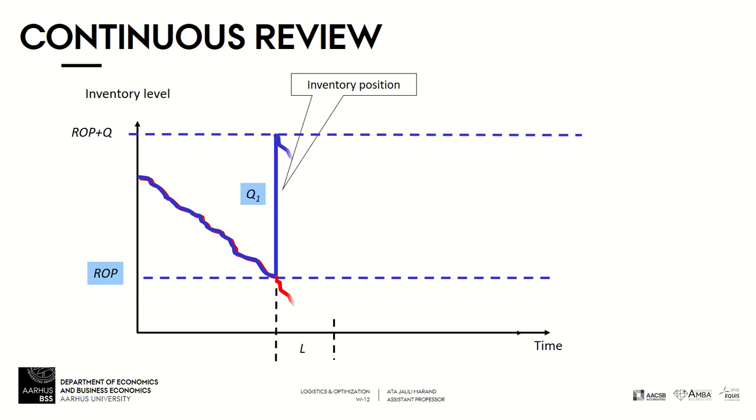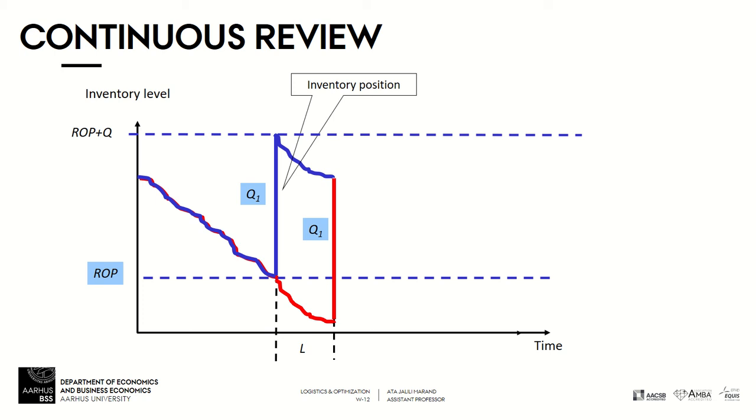Now time goes by, the inventory level decreases, and because inventory level decreases, of course inventory position decreases as well, because we said that the inventory position is the summation of the orders on the way to our warehouse plus the inventory level. At time L, we will receive the inventory, so the inventory level will increase by Q1 units and it will reach the inventory position.